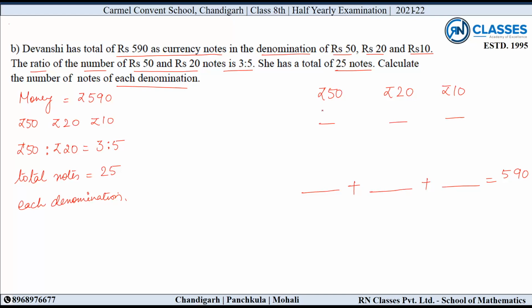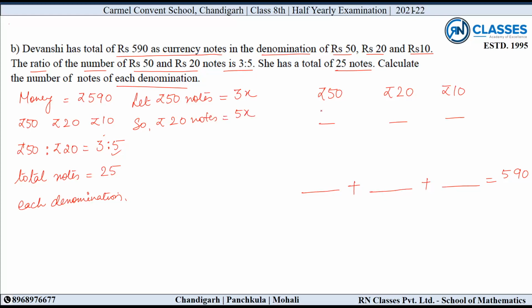Do we know? We just know the ratio of 50 rupee notes to 20 rupee notes. So let 50 rupee notes be equal to 3x. The ratio is given. So 20 rupee notes will be equal to how much? 5x.